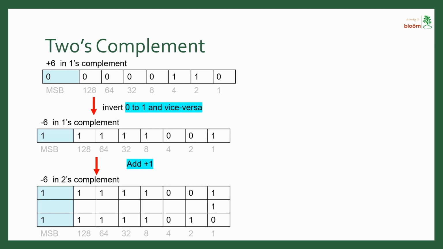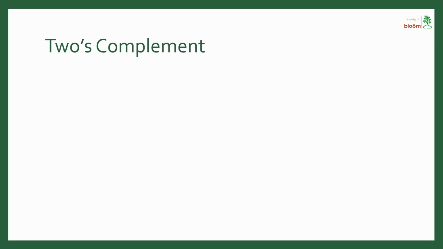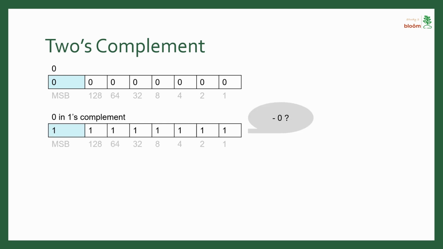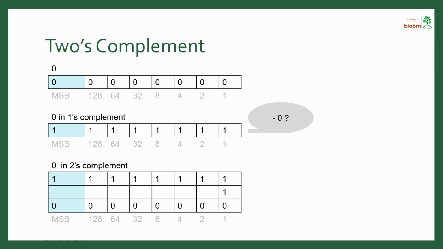That's the advantage of 2's complement over 1's complement. So let's see this demonstrated again. 0, and when we convert it to 1's complement, all becomes 1. In 2's complement we add 1 and again get 0.